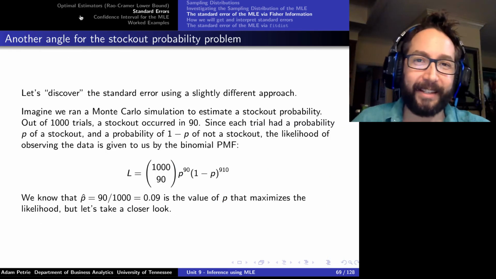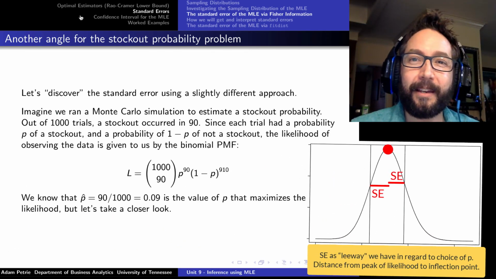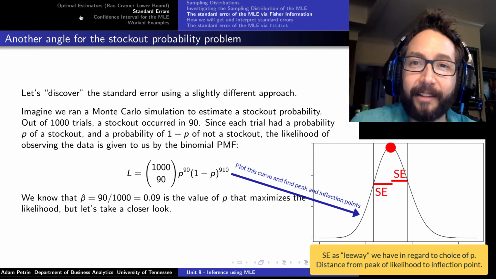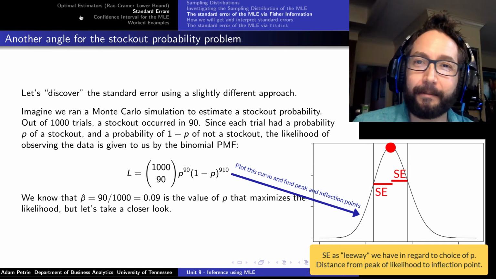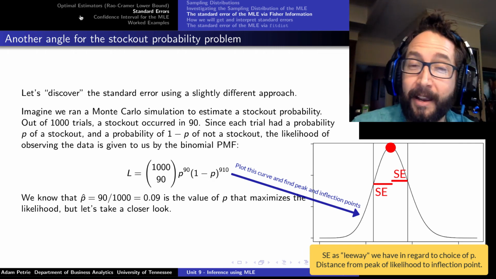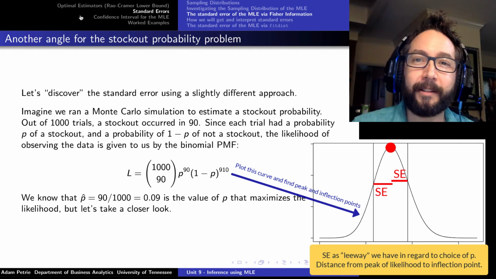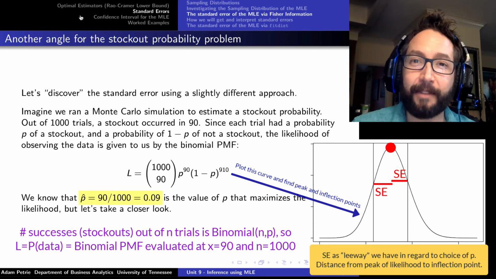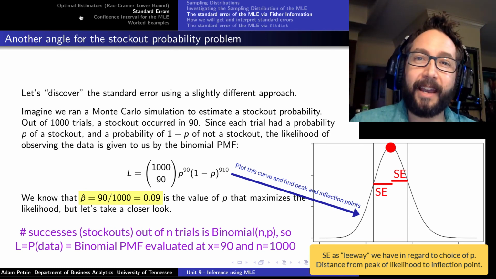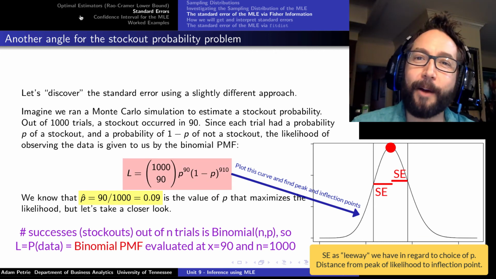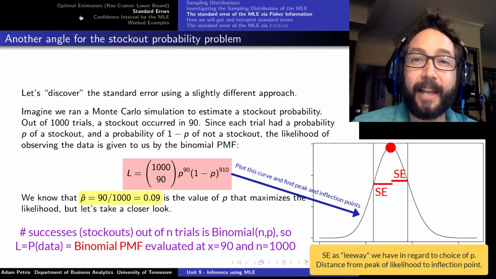Now, we could also get this same expression from the examination of the likelihood. Let's imagine we were running a Monte Carlo simulation to estimate the stockout probability under some inventory control policy, and we found that after 1,000 trials, a stockout occurred in 90 of them. The likelihood in that case would be 1,000 choose 90 times p to the 90th power times 1 minus p to the 910th power.